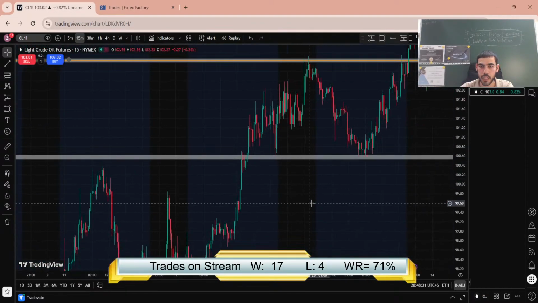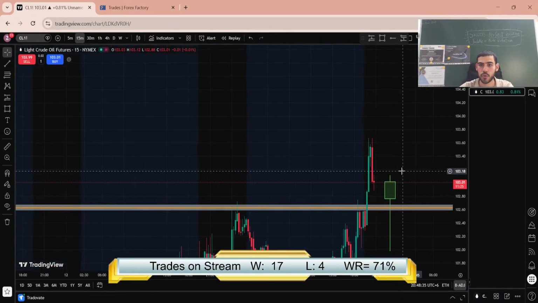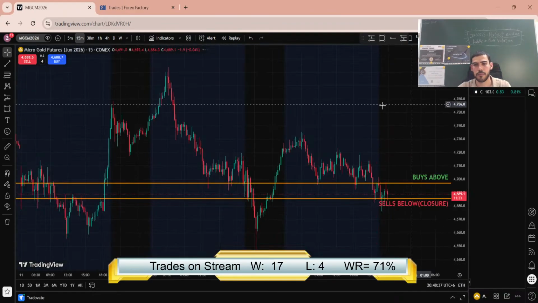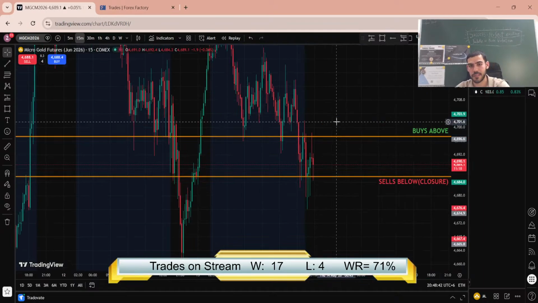Yeah, I like the price action on oil. It's very similar to gold price action, and it's respecting the lines very well. This is what I like to see.